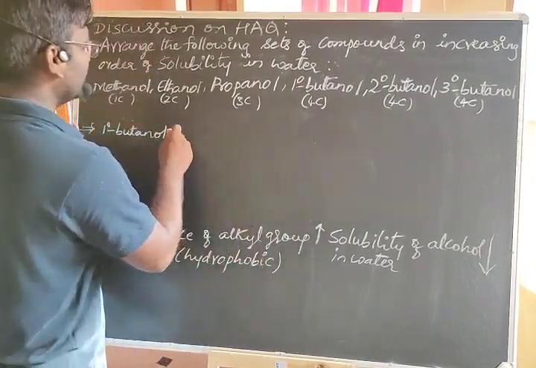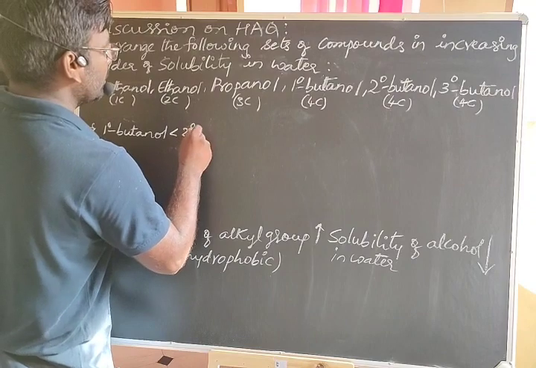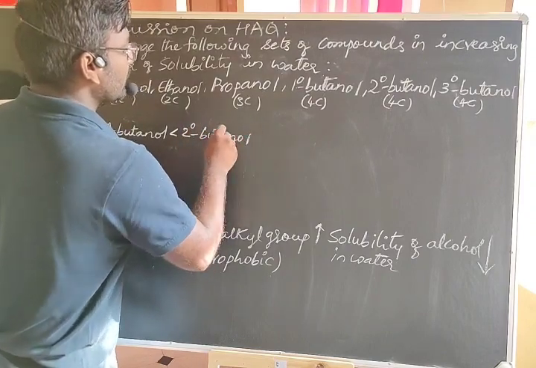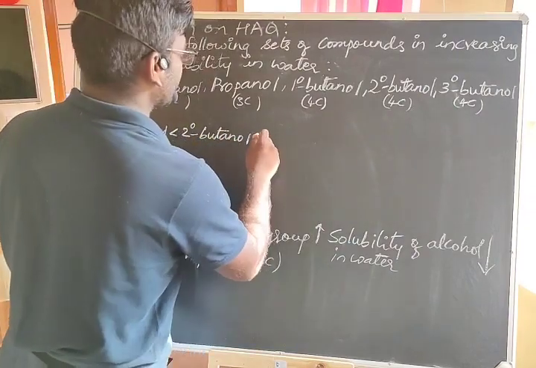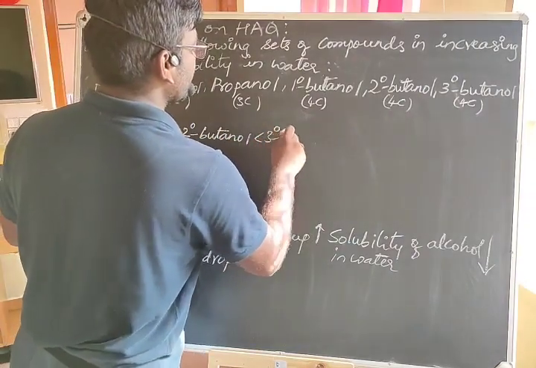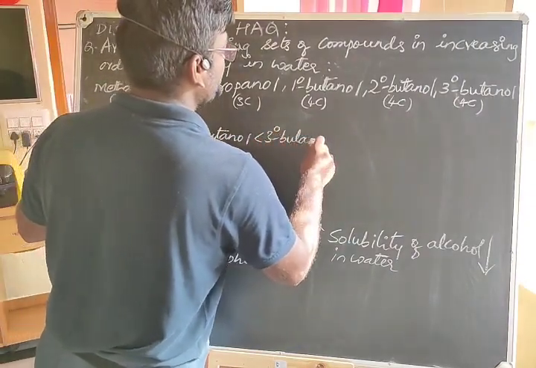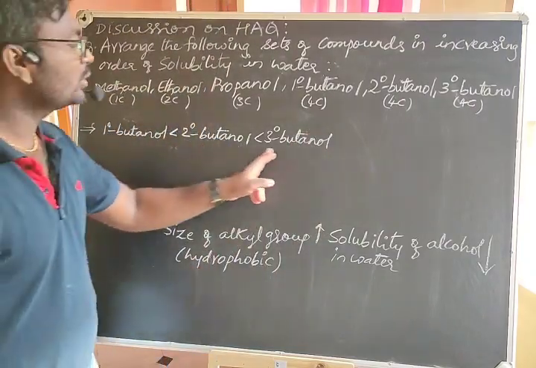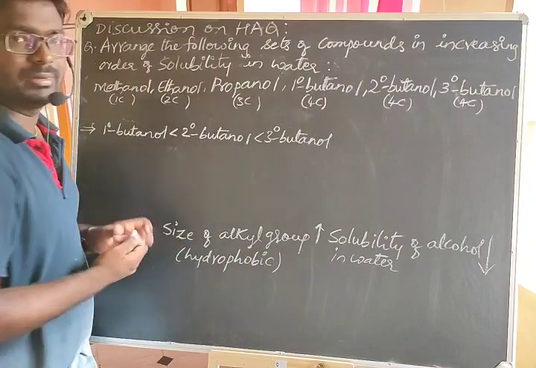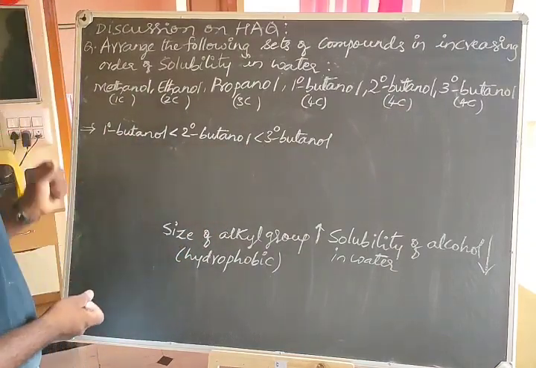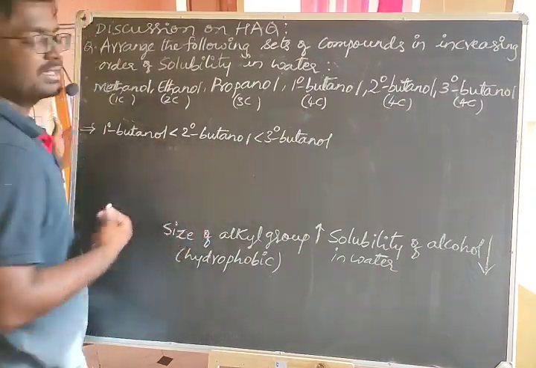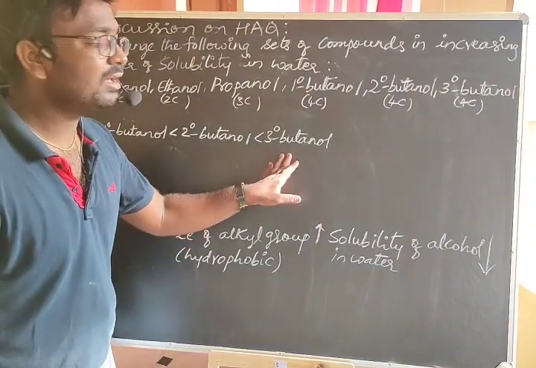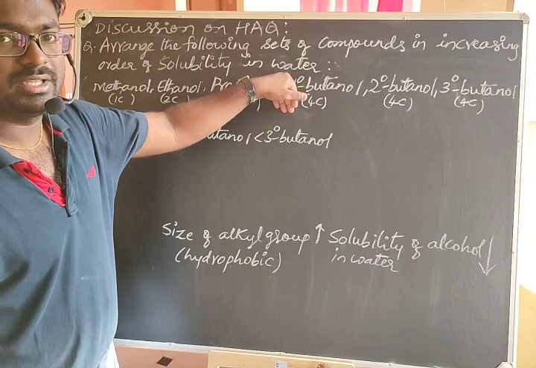Next is the secondary butanol, and then the tertiary butanol. Consider these three compounds. These are all butanols and are isomers. In these isomers, the solubility varies like this. The tertiary butanol has the lowest surface area, therefore more solubility in water.